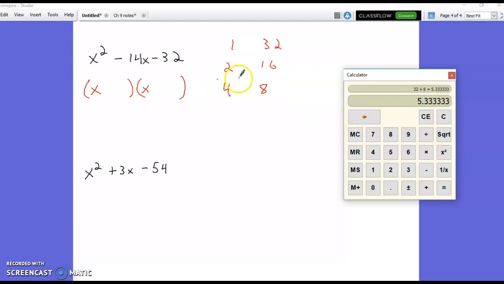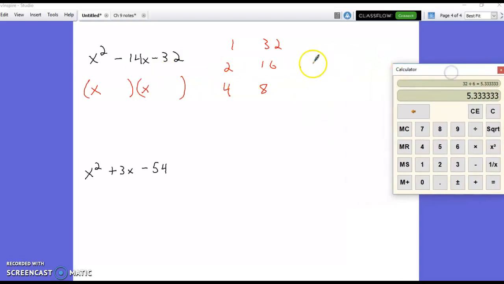And with a negative number, all right, I know that I have to have one of each. So I'm going to write it twice. 1 and 32. We already know that that's not going to combine to equal 14, so that's kind of out the window. 2 and 16. 4 and 8. So I'm going to make these negatives. Here I'm going to make these negatives.